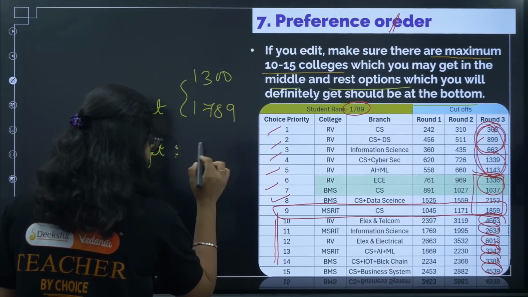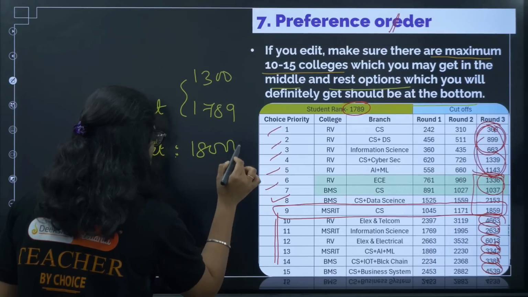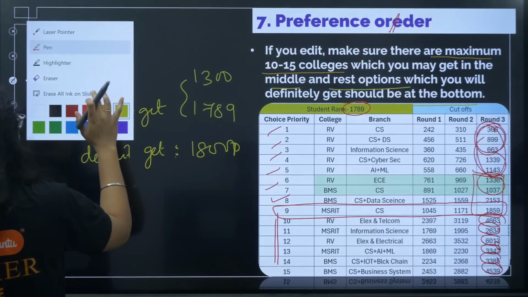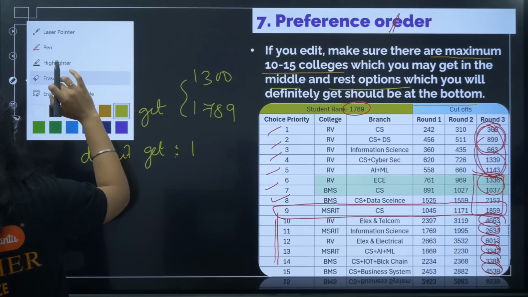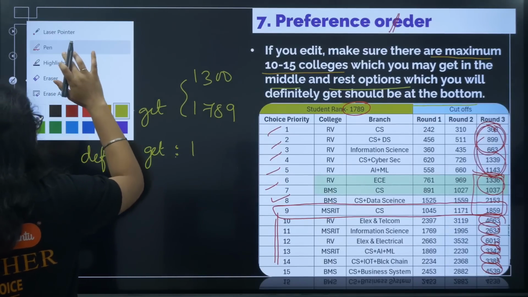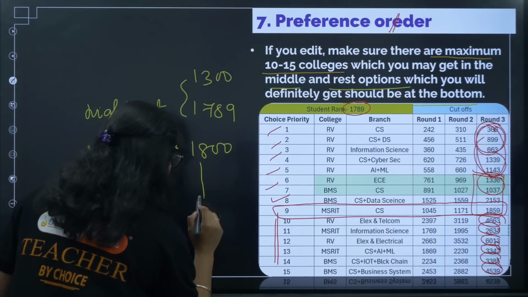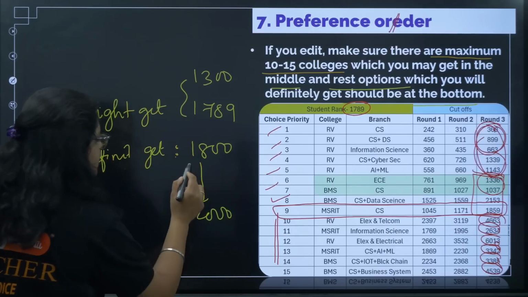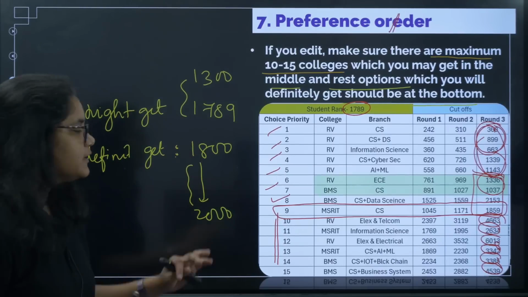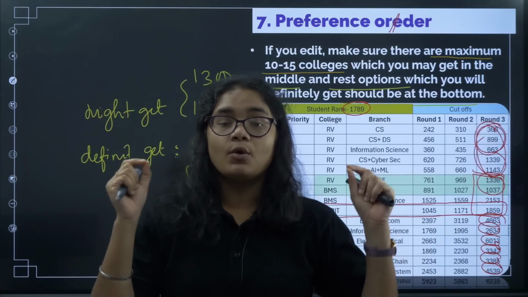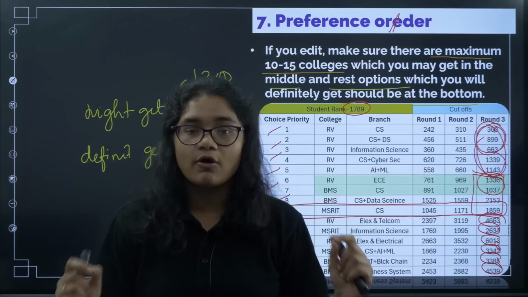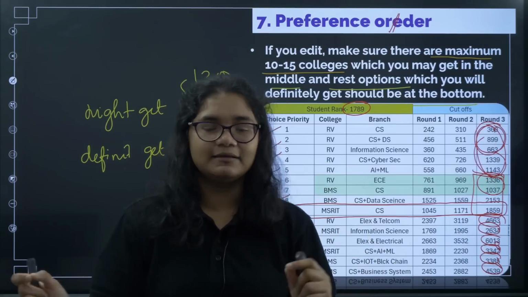These colleges will be from 1800 up to whatever rank comes, up to 2000, 4000, whatever you take. So 1800 up to 2000 you can add. These are the colleges you will definitely get. So like this you have to categorize. And 10 to 15 options you need to have where the probability of getting the college might be there.